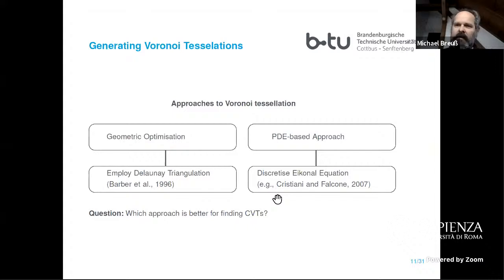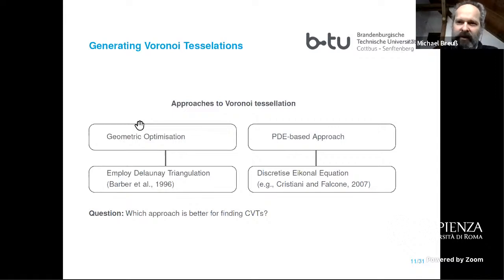As usual in image processing, there are many ways that you can go in the algorithmic approach. Building up a Voronoi tessellation, you can also quickly do it in MATLAB. But when you do it quickly in MATLAB, what do you get? When you look at the basics, there are two main approaches. The one sketched on the left is the geometric kind of optimization.